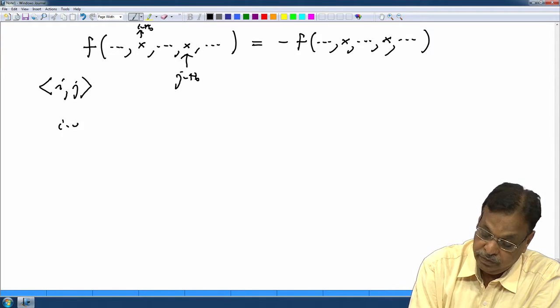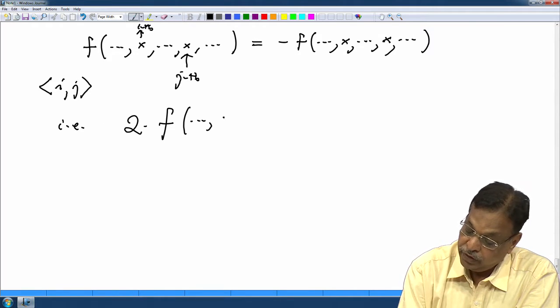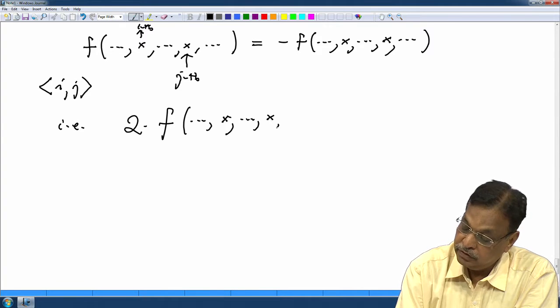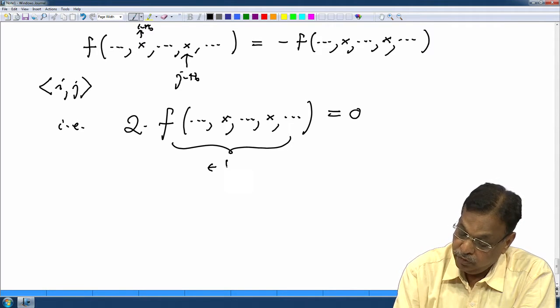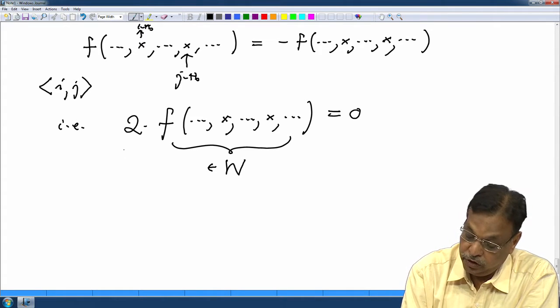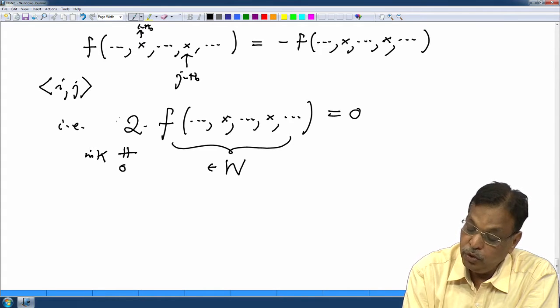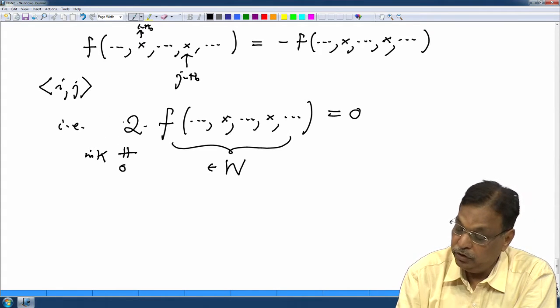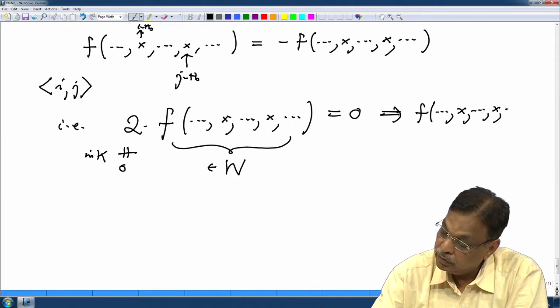So bring this to this side: 2 times f of x dot dot dot x is 0, but this is an element in the vector space W. And 2 is not 0 in the field K. So I can multiply by 2 inverse, because 2 is invertible in the field, so that you can conclude f of this is 0. So f is alternating.